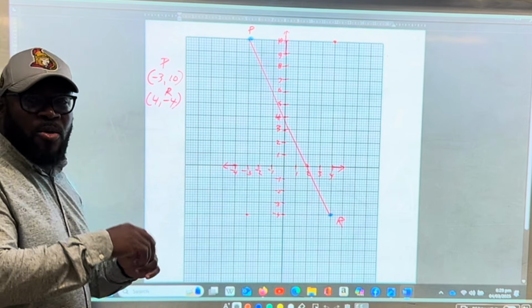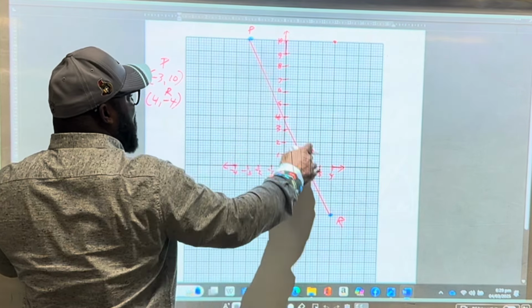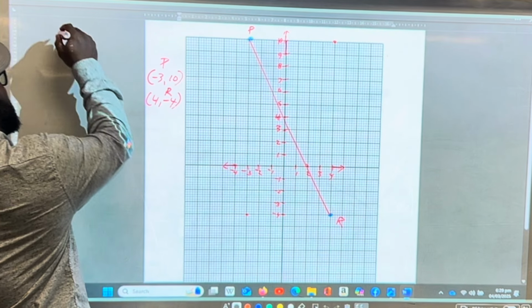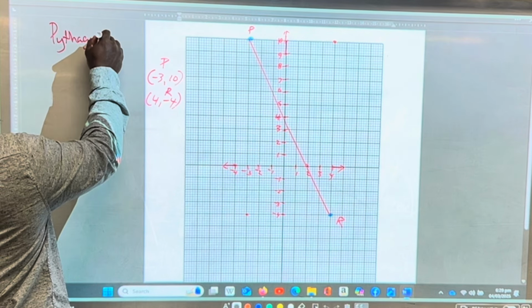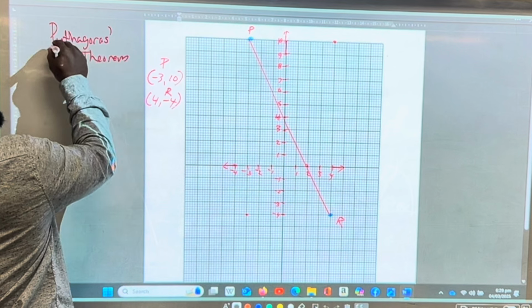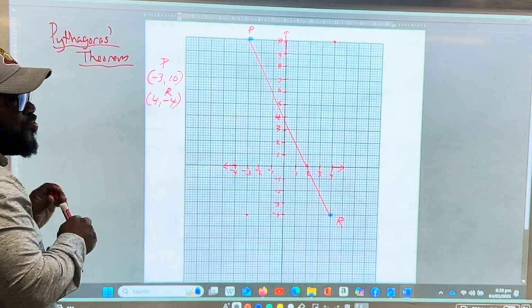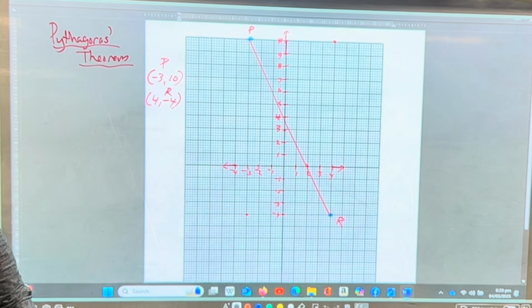Look at class. Now, as you're drawing that, remember Pythagoras? Pythagoras theorem. What does the Pythagoras theorem teach us?